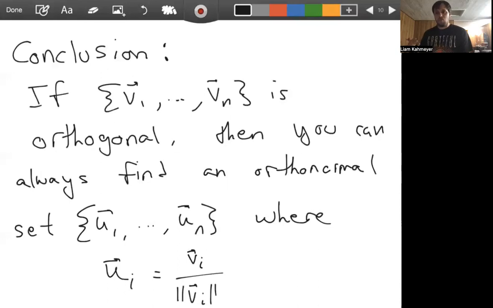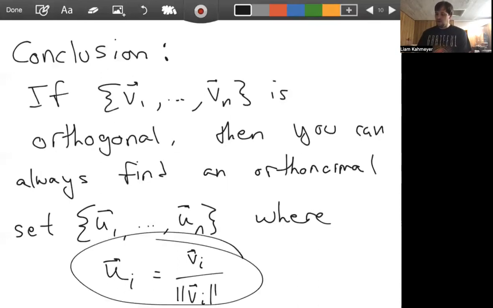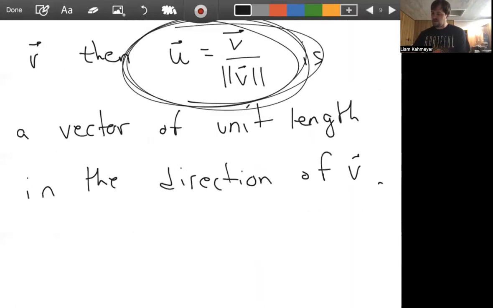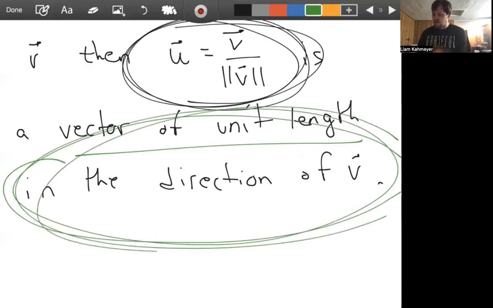And why do we care, right? Why do we care about doing that? Well, when we construct an orthonormal set from an orthogonal set, we have that ui points in the same direction as vi for all i, right? Because this is precisely a vector of unit length in the direction of vi.